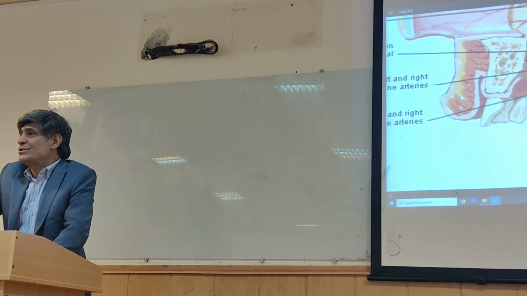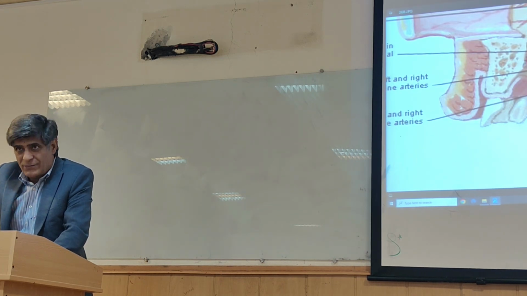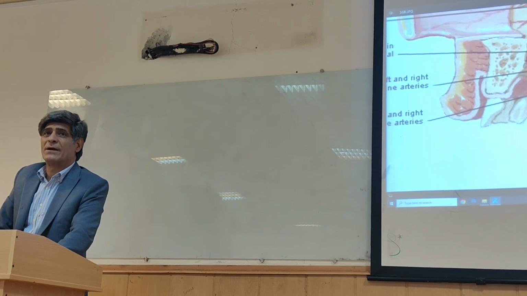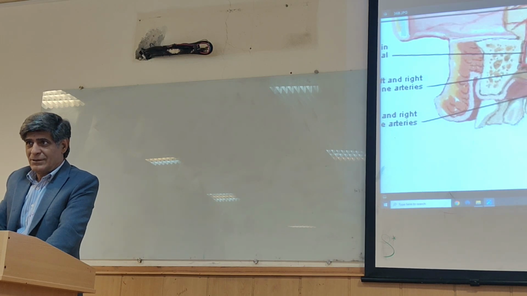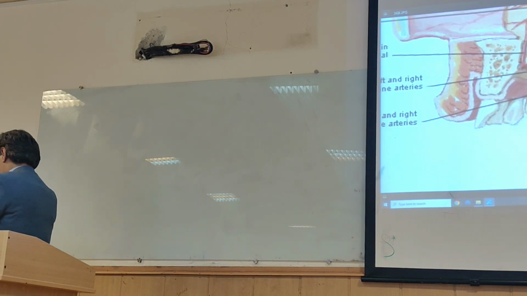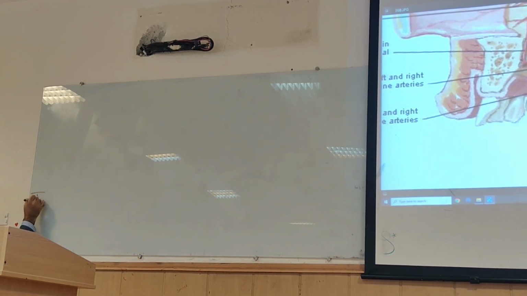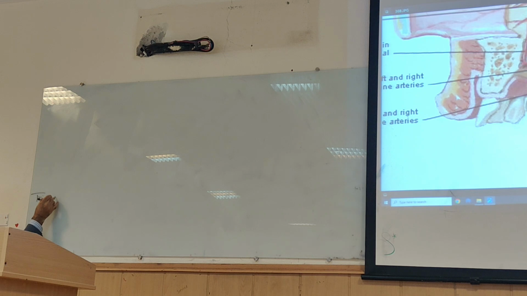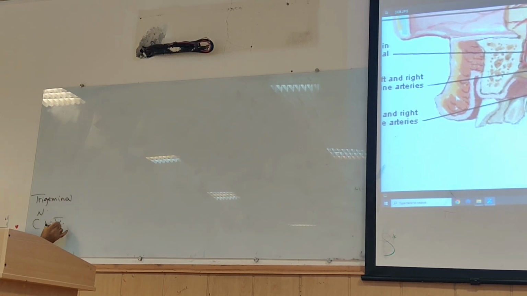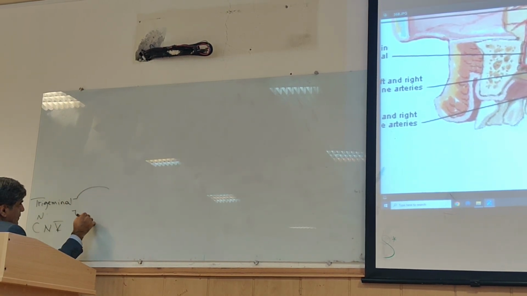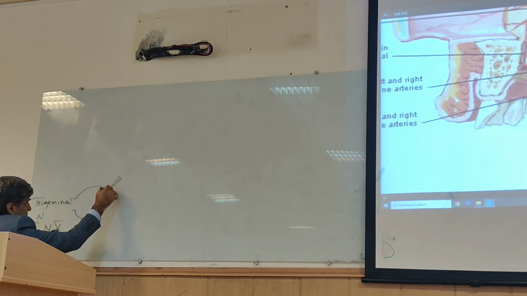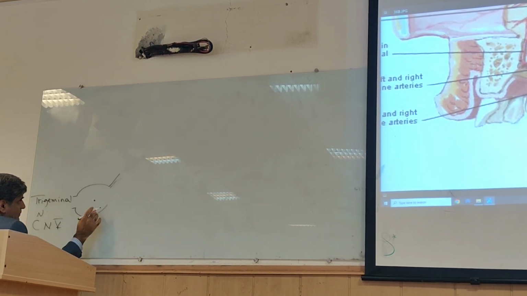Which cranial nerve is it? Cranial nerve five, CN5. It contains two types of fibers.